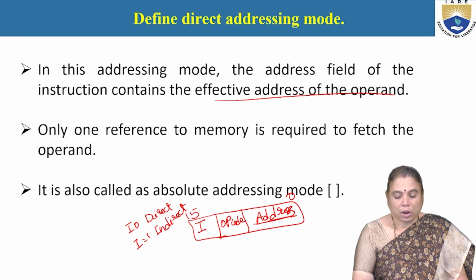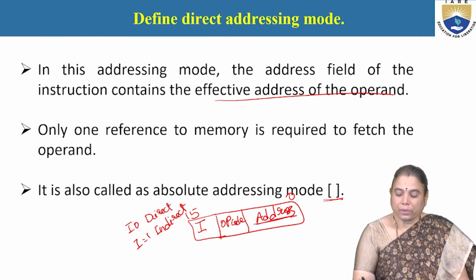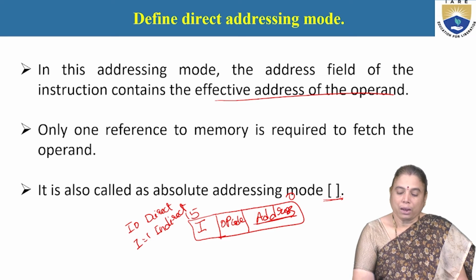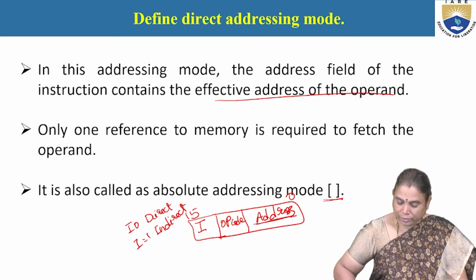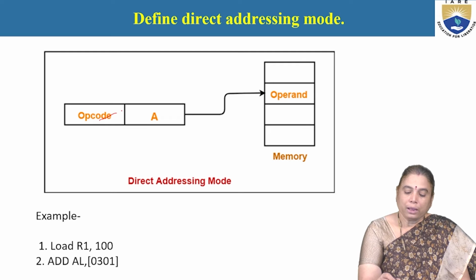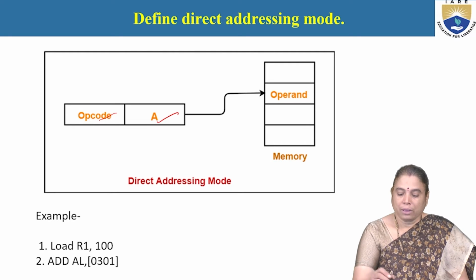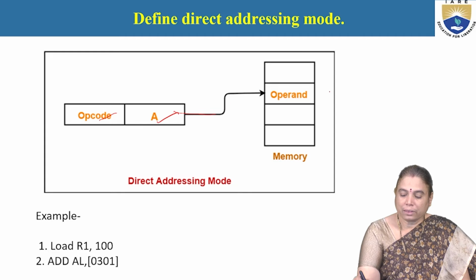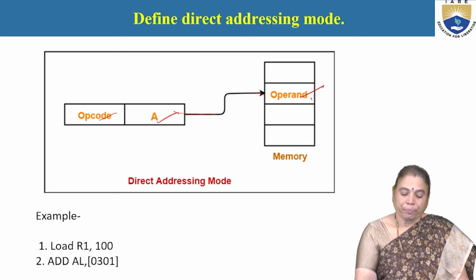So it is also called absolute addressing mode, and we can use the square bracket symbol to represent the address of the operand. Here is the opcode in the instruction format, and here is the address. By using this address, the memory location can be identified to fetch the operand value.